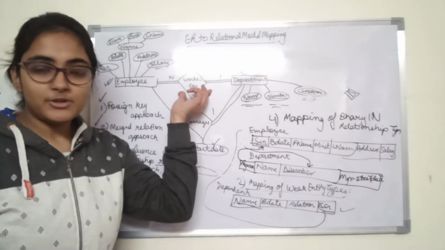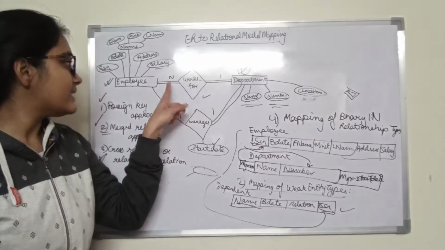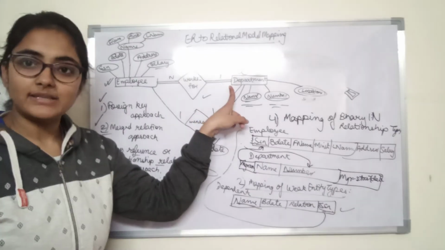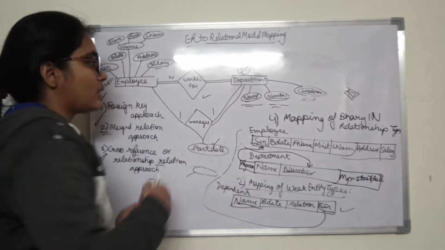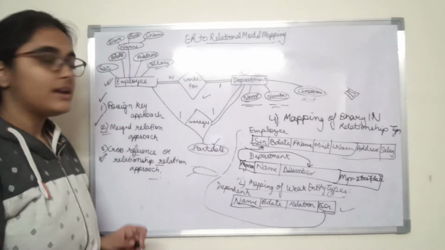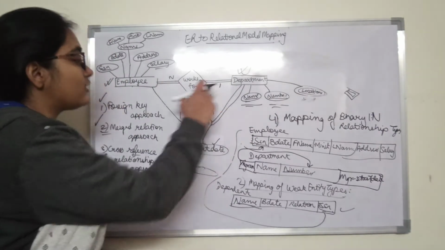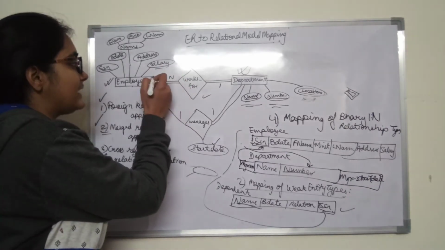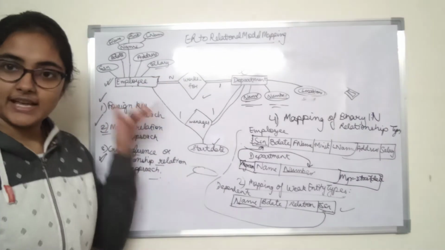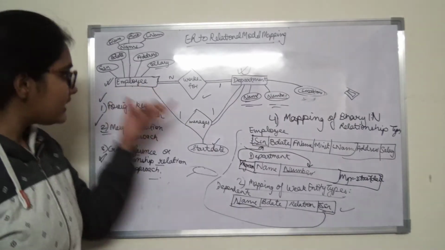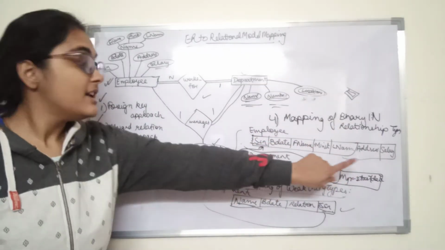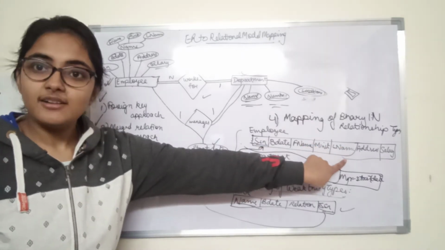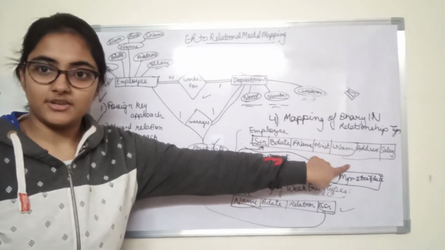Whichever entity type is on the N side, here the employee relation, identify the corresponding relation in the relational model. So on this side, we will include the foreign key in the case of an N:1 relationship type.